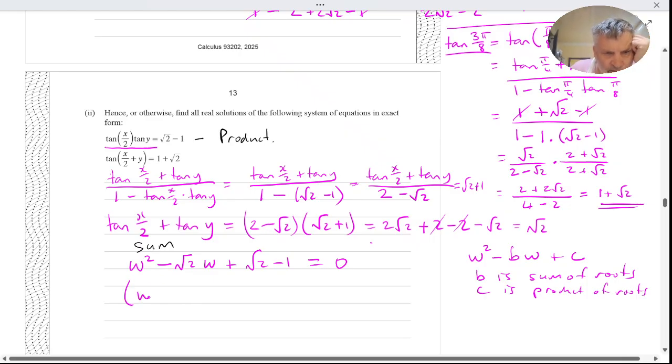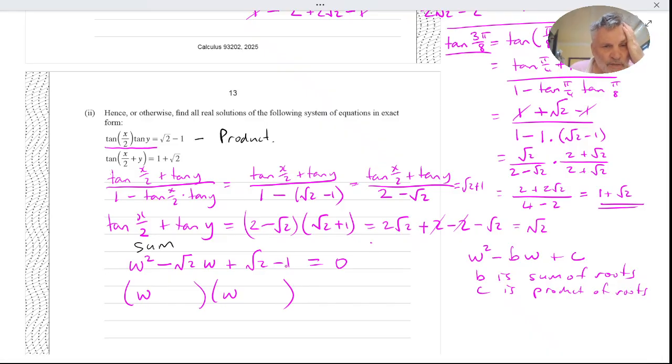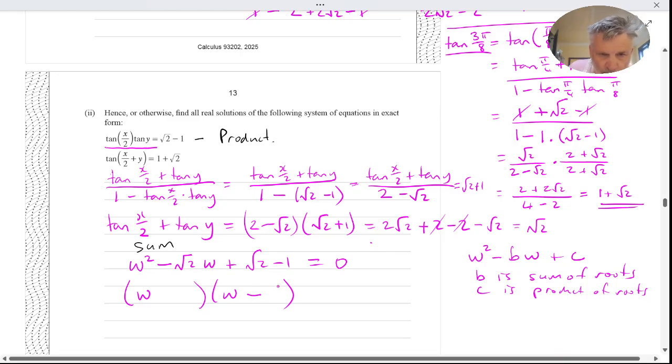And we can factorize this. So w, we want to multiply to get root 2 minus 1. So I think it's probably best, we want to add to minus root 2. I think one of these is going to be a 1. 1 times what?